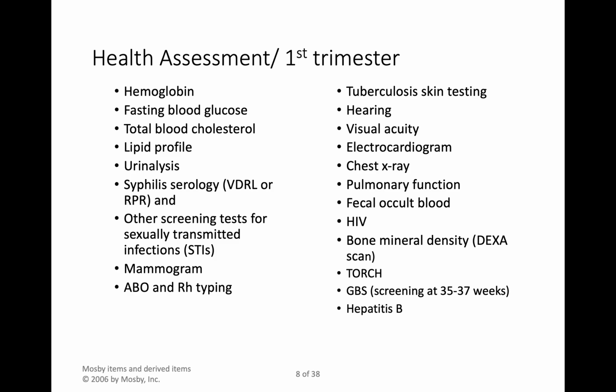They obtain cultures on women with HSV at or near term. C-section delivery is recommended only for mom with active lesions. If they've been exposed to it but treated and they're not active lesions, they can definitely have a vaginal delivery. But the fetus is directly exposed coming through the vagina if those lesions are active, and the baby can be born blind and have all kinds of other problems. So that's the issue with that one.